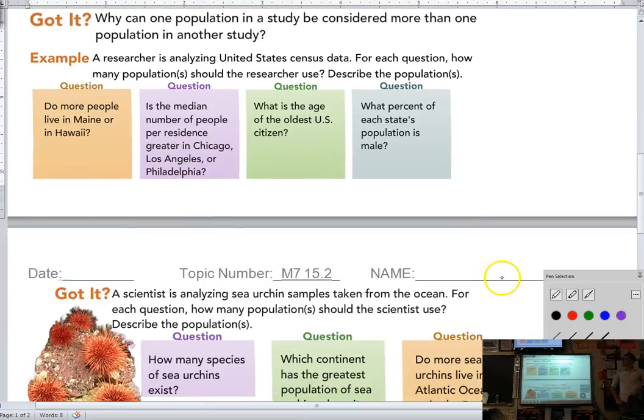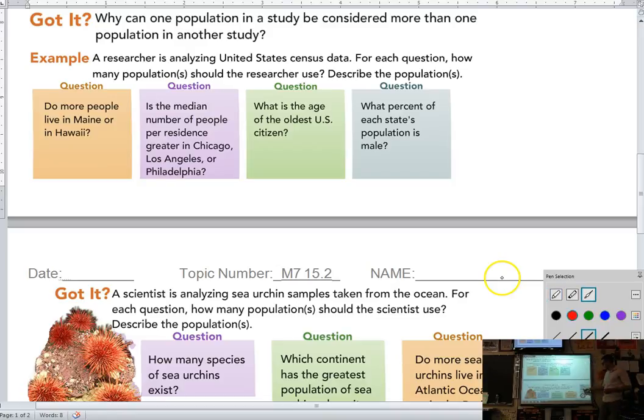Why can one population in a study be considered more than one population in another study? We already kind of answered that, but who can put it in your own words? Why can one population be considered more than one population? 7th, 8th, boys, girls. It can be grouped into subcategories. What would determine whether I group it or not? Whether or not you have something you want to compare with something else.